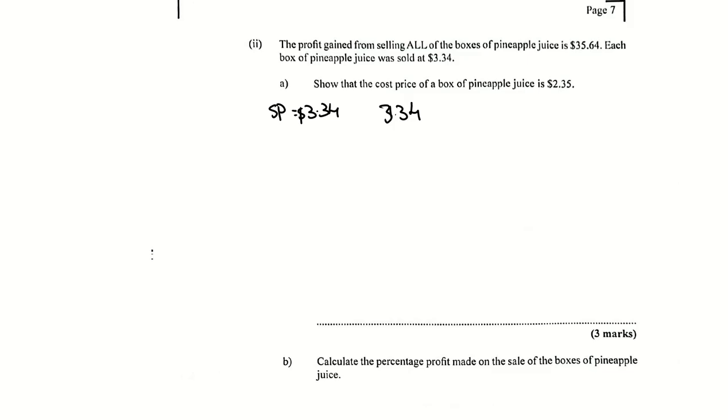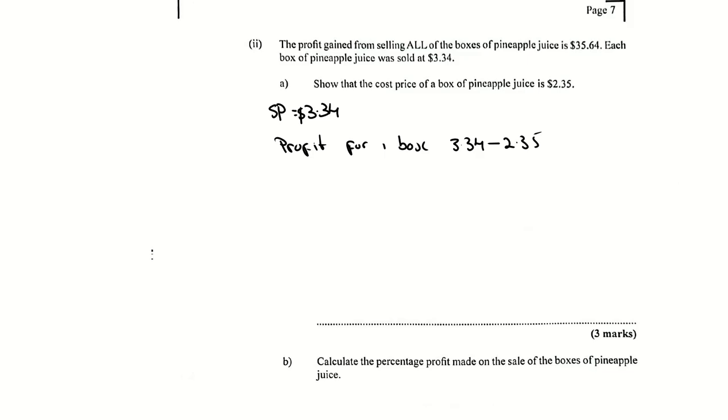Oh no, this is the profit gain. Sorry, my bad. So we know that profit for one box would be the difference between these two. Now that's why I said they kind of left out some information, so just work on what was given here. The profit for one box would have been $3.34, the selling price, minus $2.35.